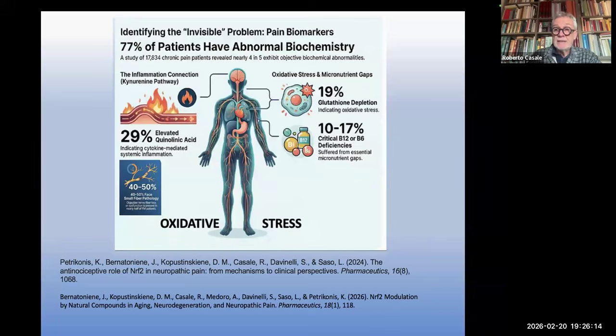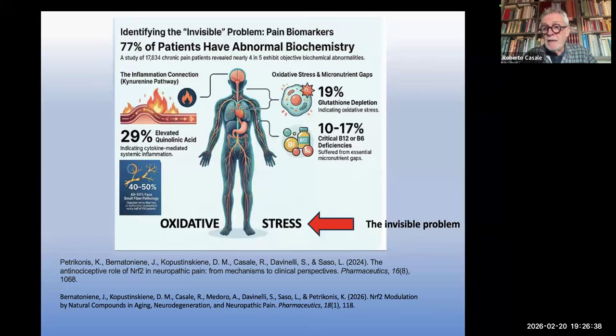We may study the glutathione depletion. We have to look at the critical level of some vitamins or some other compounds to give a complete frame of the cellular oxidative stress.